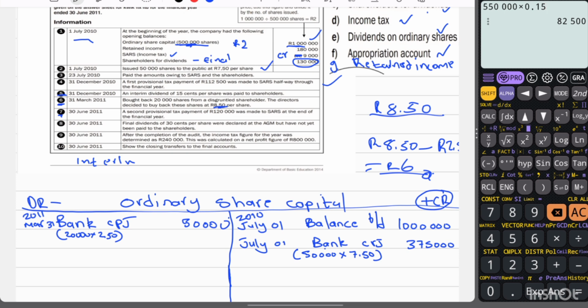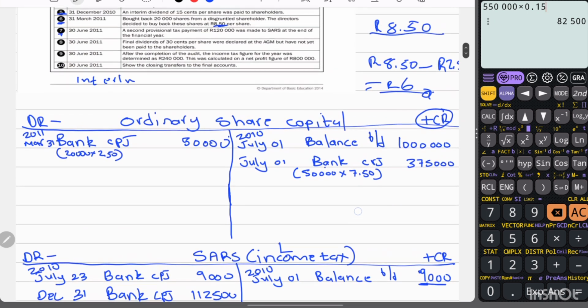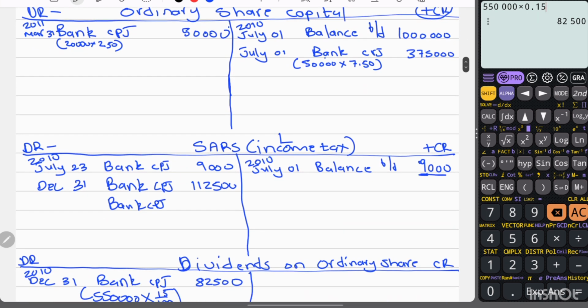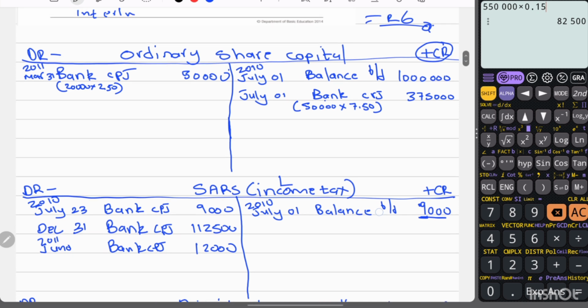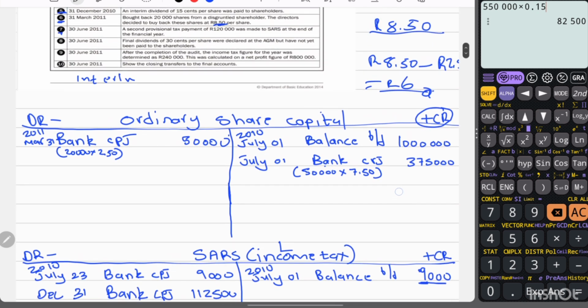So now we are paying our second provisional tax payment. This one is going to be bank, CPJ. How much did we pay? 120,000. It's 2011 June 30. We paid our second provisional tax payment.